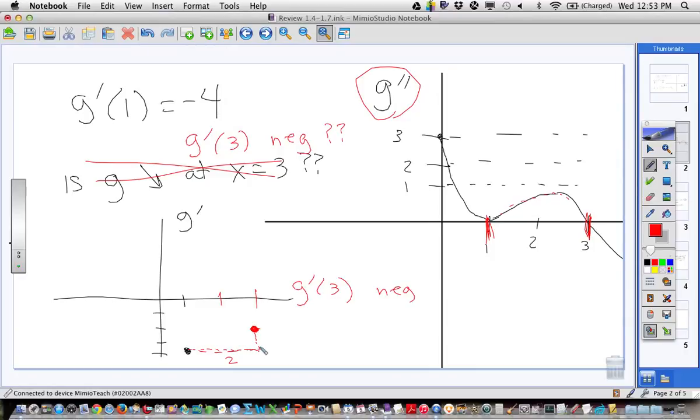Yes? I thought when G double prime switches from positive to negative, G switches from concave up to concave down. Yes. So isn't that difference? Right. Isn't that increasing? No. Because, what did you just say, concave up to concave down?